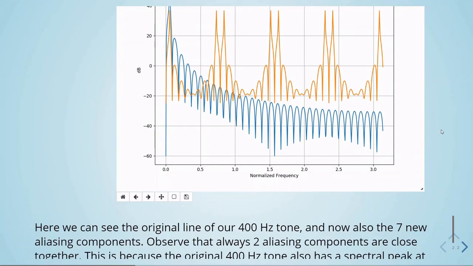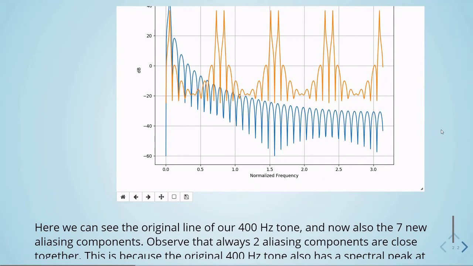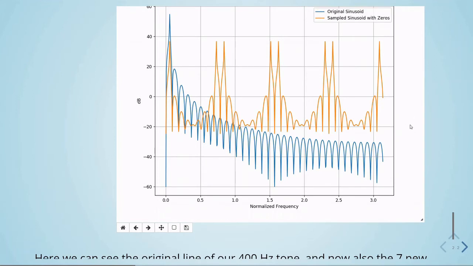So it's very interesting to note that now we see our 400 Hertz tone, but also we have 7 new aliasing components. We have 1, 2, 3, 4, 5, 6, 7.